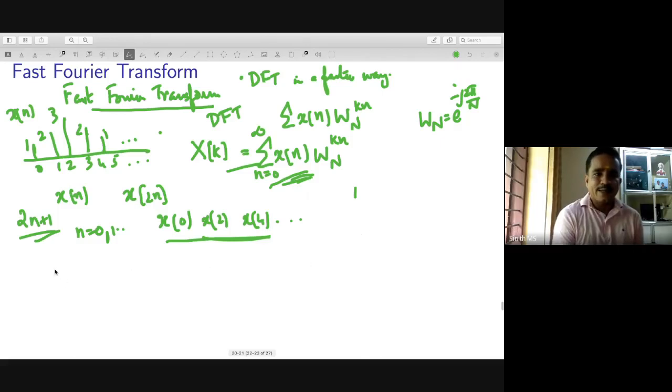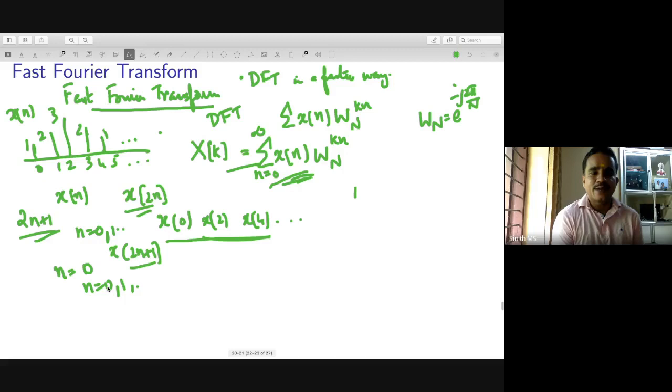When n takes 0 value, x2n will be x0. When n takes value 1, this will be x2. Similarly, if you take x2n plus 1 and give different values to n, starting from 0, 1, 2, 3, etc., for n equal to 0 this will take value x1, for n equal to 1 this will take x3, x5, etc. So this can be split into even and odd terms.